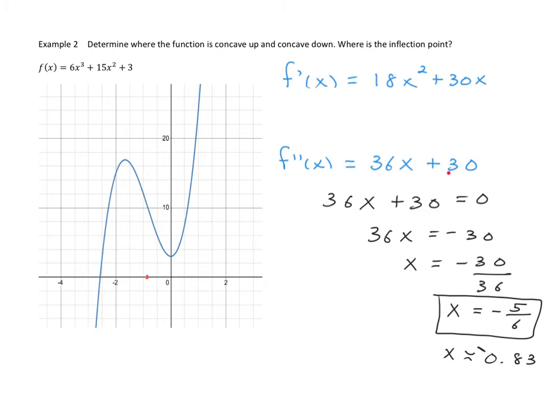Well, this thing's a line that's increasing, so I know the second derivative looks like this. Therefore, it's positive over here and negative over here. So I'm going to note that here. This is where the second derivative is 0. Over here it is positive. Over here it is negative.